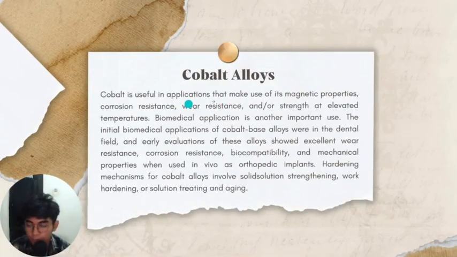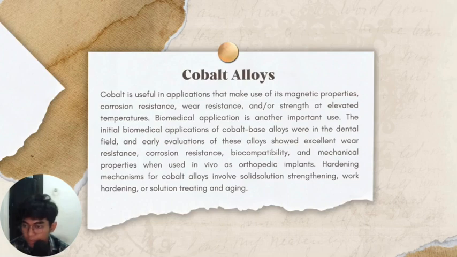The next slide is cobalt alloy. Cobalt is very useful in applications that make use of its magnetic properties, corrosion resistance, wear resistance, and strength at elevated temperature. Biomedical application is another important use.